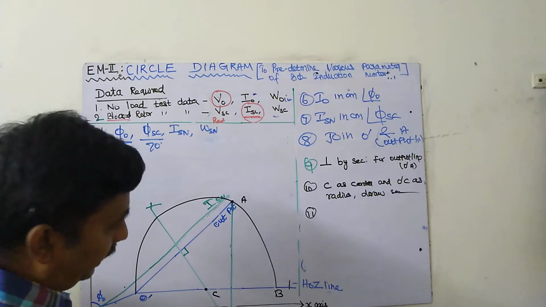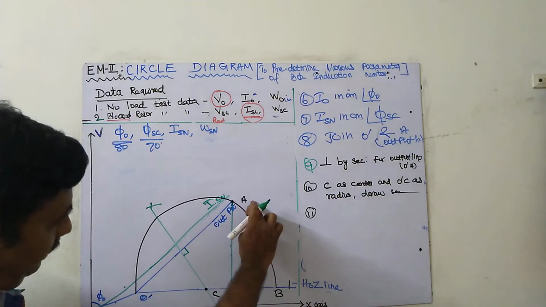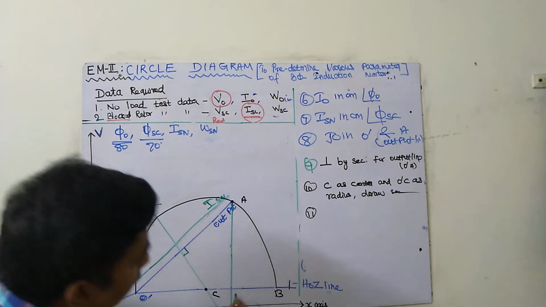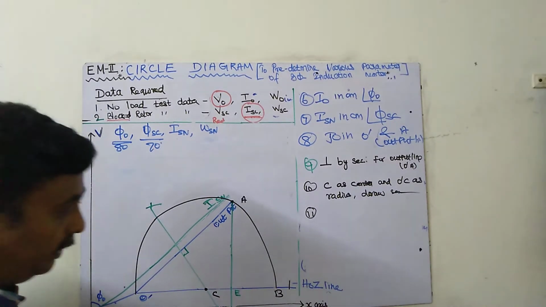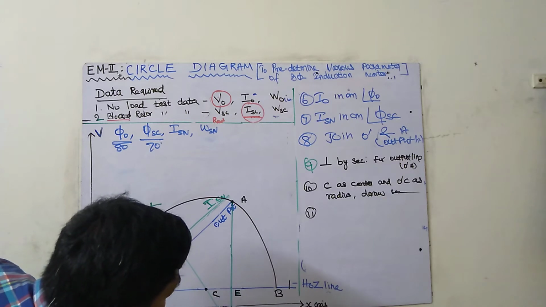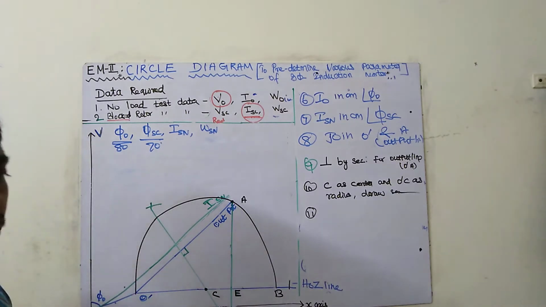This will meet the x-axis at D. This is O, this is A, this is B, C, this is D, and this point is E. I think it won't be clear for you, so I will draw it in. This is the E point and this is the D point. DE.